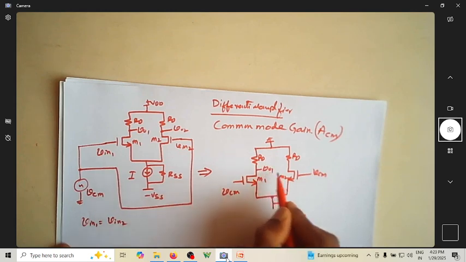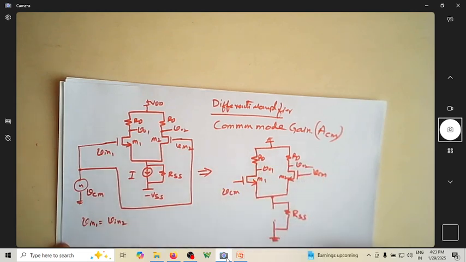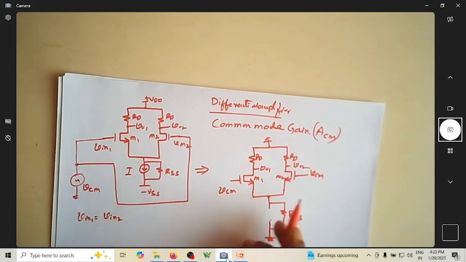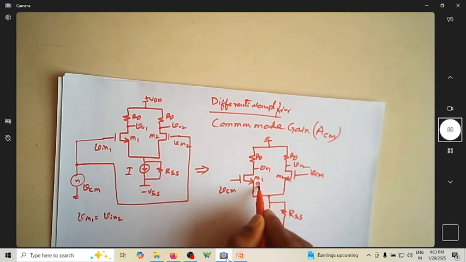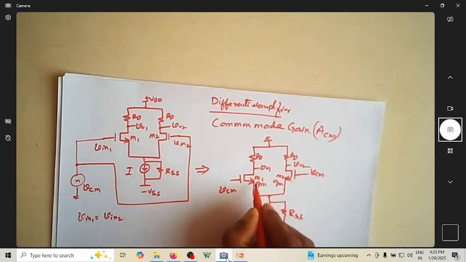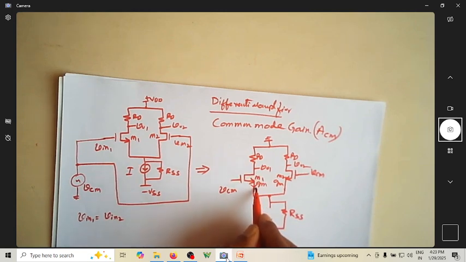This is V01, V02. Now since you have an input voltage of VCM to both of them, assuming a transconductance of gm for this as well as for this also gm, I can find out what is the current flowing here. Whatever current flows will be in this direction.